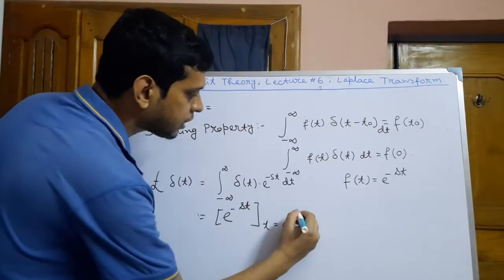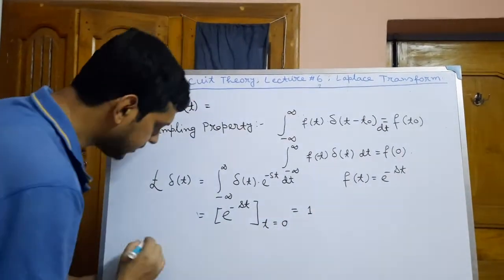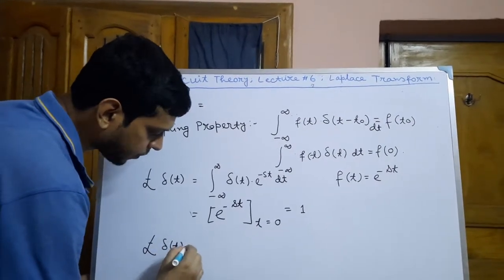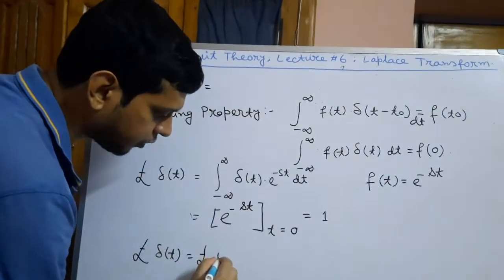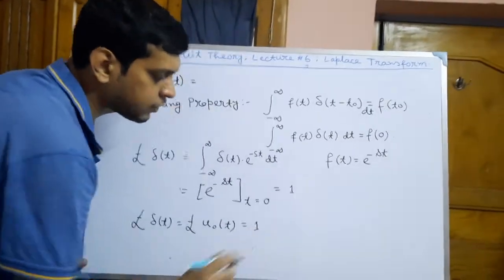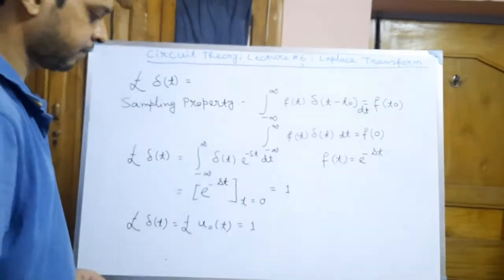We all know that this is equal to 1. Hence, the Laplace transform of delta t, or of u0(t), is simply 1.